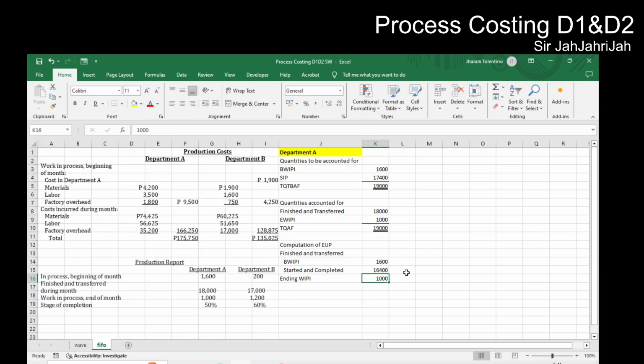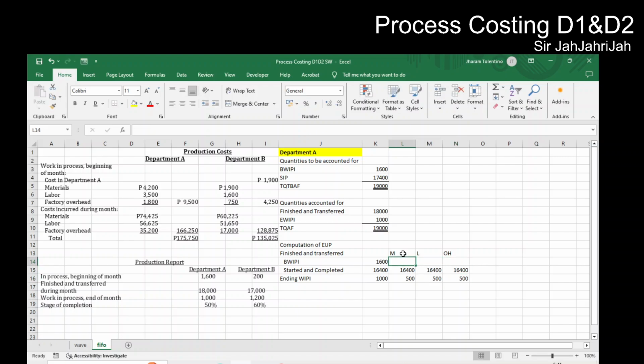Then we need to account for materials, labor, and overhead. We have already computed this one. This is 100%, so 16,400, 16,400, and then 16,400. This one, we have even distribution, so we have 500, 500, and then 500.